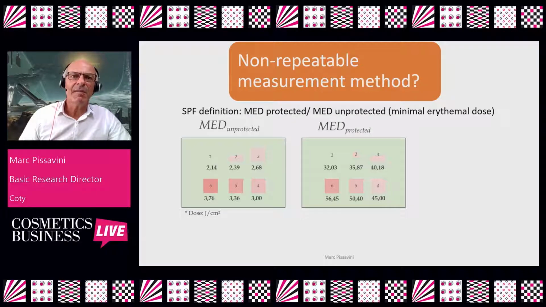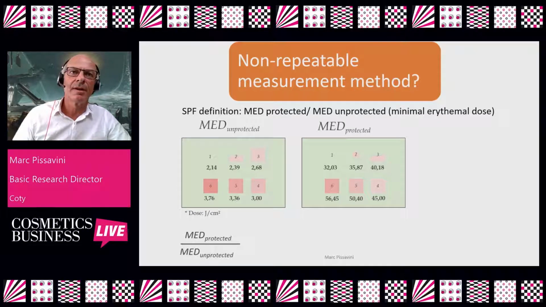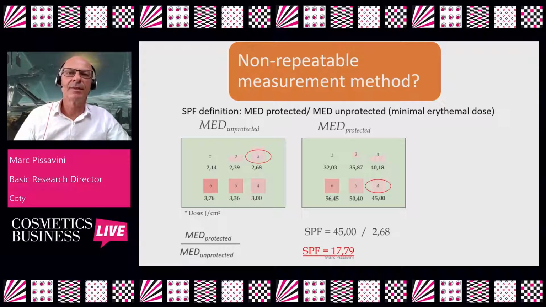Imagine that it is, sorry, not 3, it's 2.68 joules per square centimeter on the unprotected skin and 45 on the protected skin. If you divide 45 by 2.68, this will give you the in vivo SPF, 17.79. That's the calculation of the SPF in vivo.